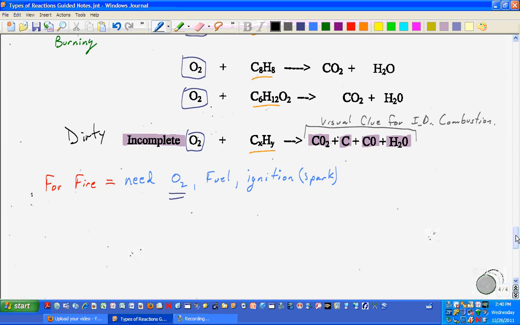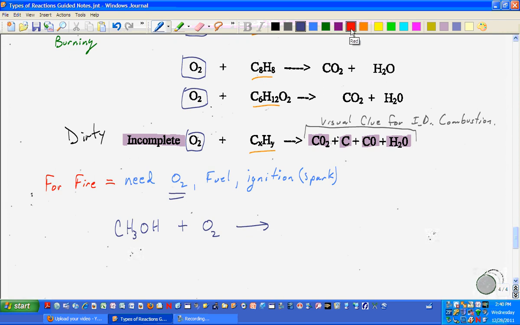For example, let's say we took something like CH3OH. I believe that's methanol. Reacting with oxygen, we would have to be told whether it's complete or incomplete combustion to decide what is made.